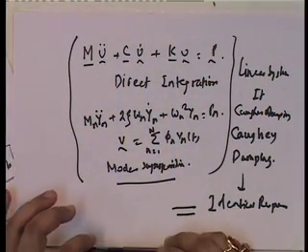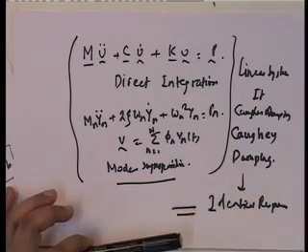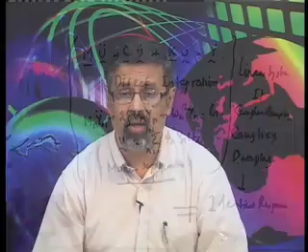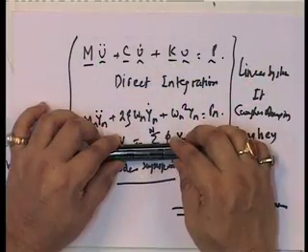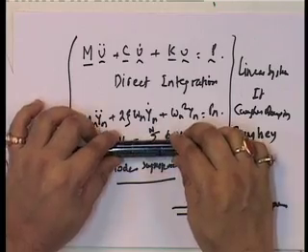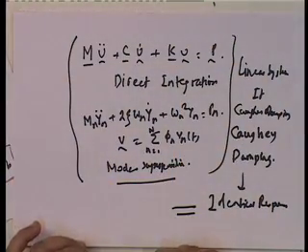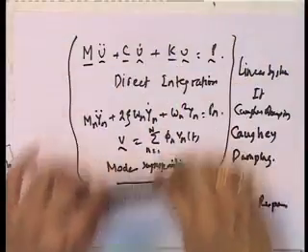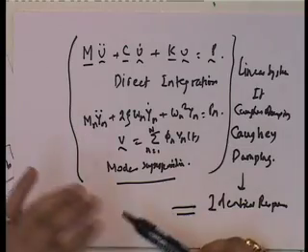If you use stiffness proportional, you overestimate the damping, and so you underestimate the response. So this one is going to be lower than this. And if you use Rayleigh damping, it becomes a little bit more complicated, but this one and this one are definitely not going to give you the same result.